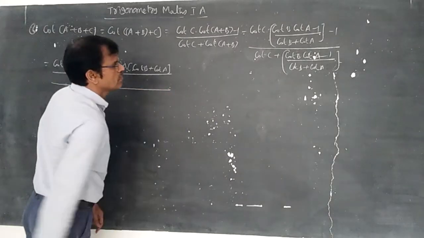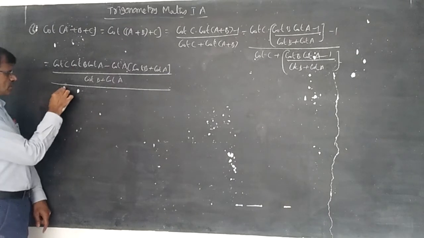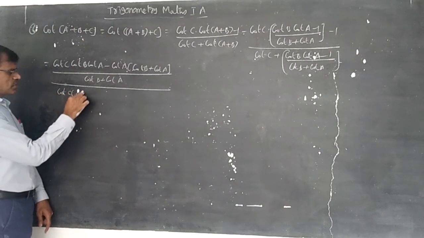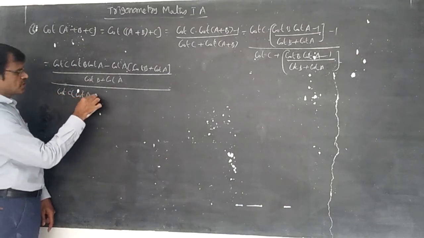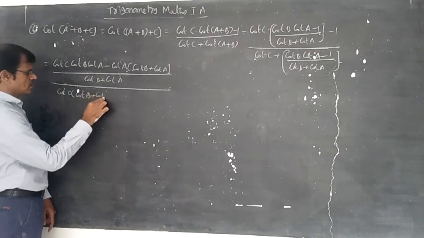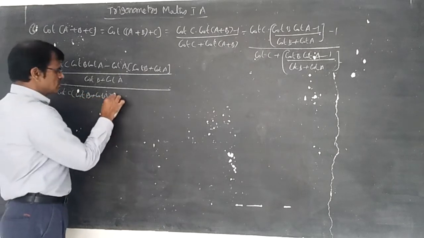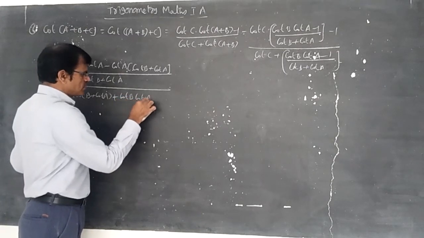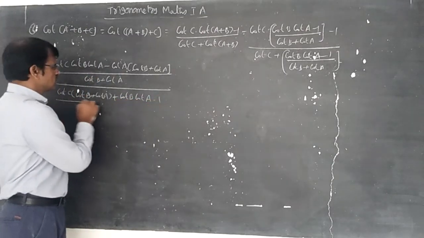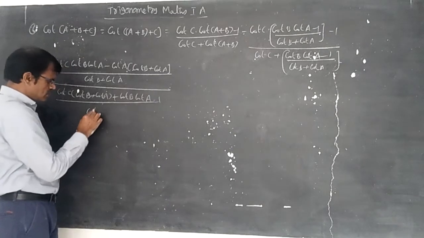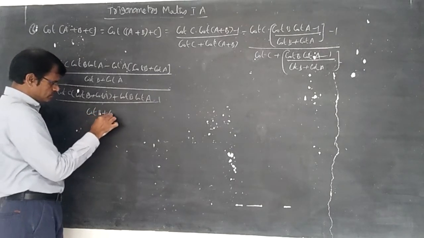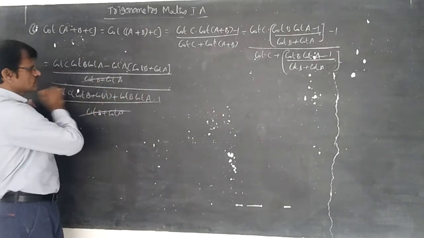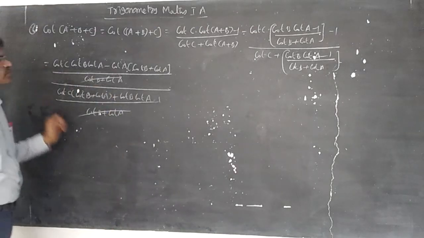Take an LCM here, it can multiply as cot C into cot B plus cot A plus cot B cot A minus 1, whole by cot B plus cot A. Denominator gets cancelled.